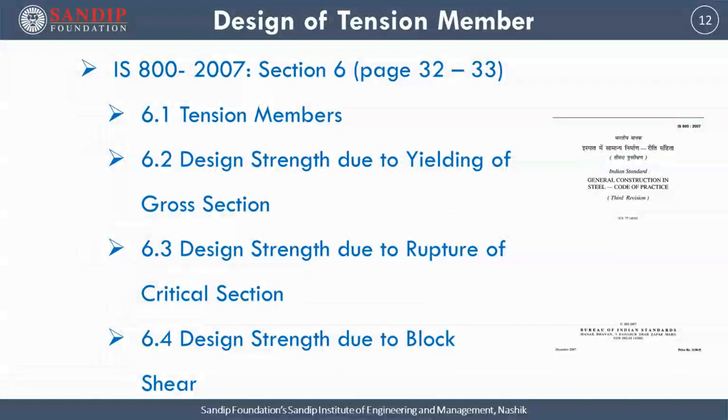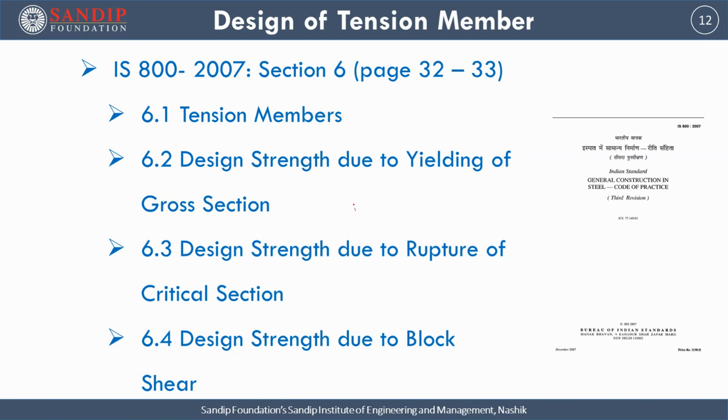Now the guidelines related to tension member design are presented in IS 800:2007 in section 6, ranging from page number 32 to 33. On these 2 pages, the different clauses are given. Clause number 6.1 gives you an overall brief about tension member. Clause number 6.2 gives you the expression to calculate design strength due to yielding of gross section.